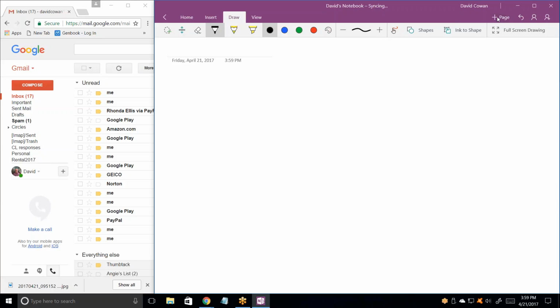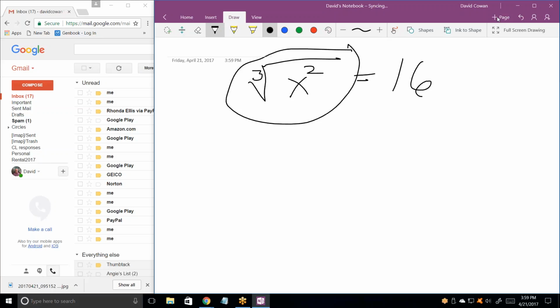But here's another one. I think I did this one wrong, but it's the cube root. When you say cube root, they're always giving you the radical sign? Yeah. Okay. The cube root of x squared equals 16. Again, let's change this whole thing to a fractional exponent. Then we can solve for x.